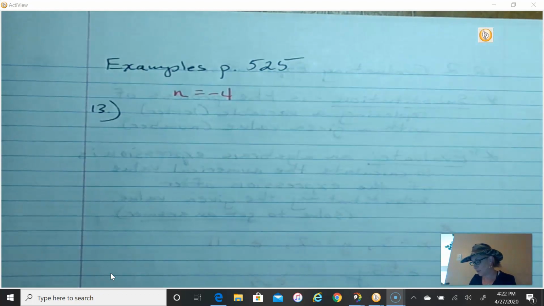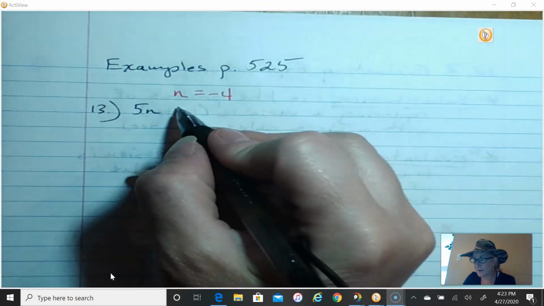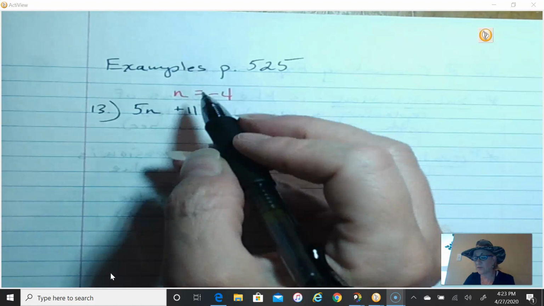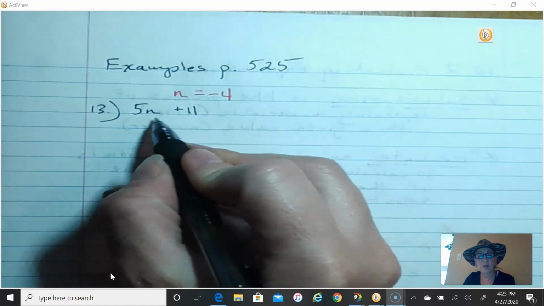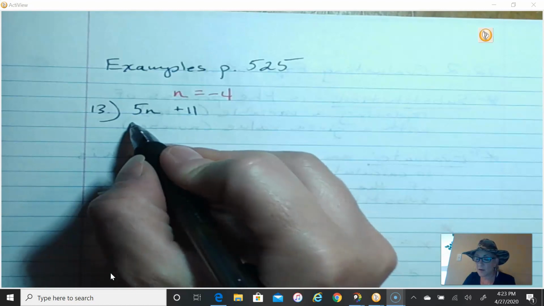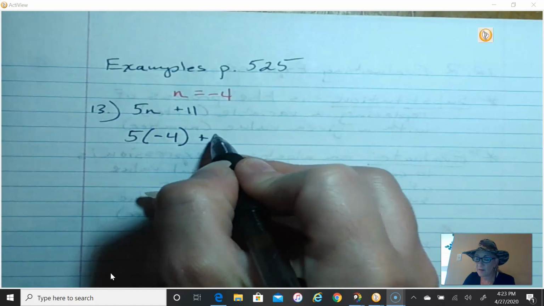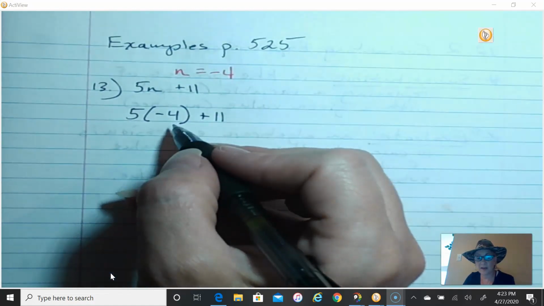Okay, so 13 is 5n plus 11. Well, in the directions n equals negative 4, we're going to replace that n with negative 4. 5 and the n are multiplying, so I'm going to write it like this. All right, what's 5 times negative 4?